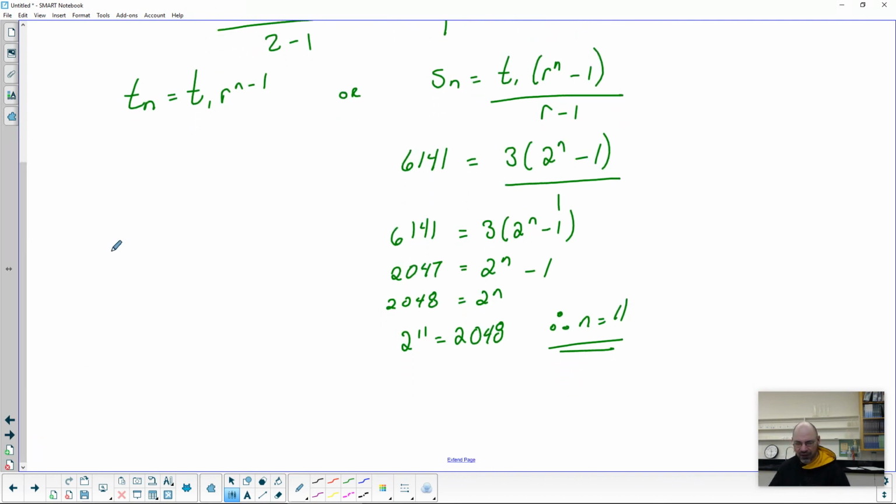So for the rest of the day, you can work on page 53. This is section 1.4, and you can do number 2, A and C's, number 3, number 4, and number 5.